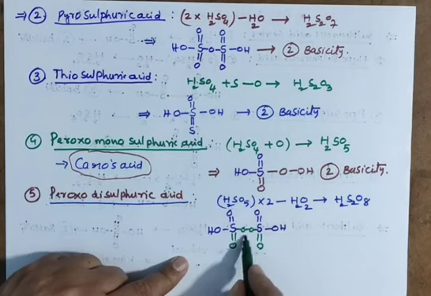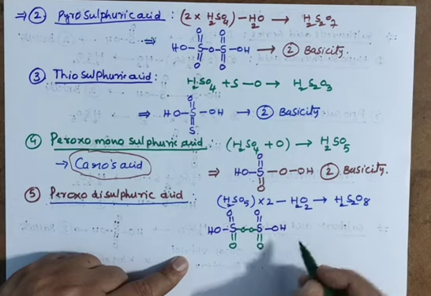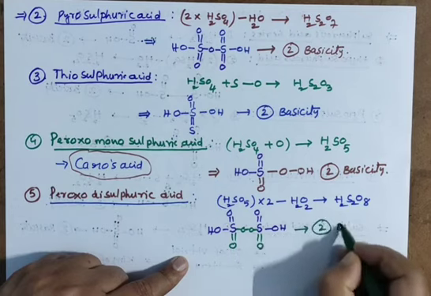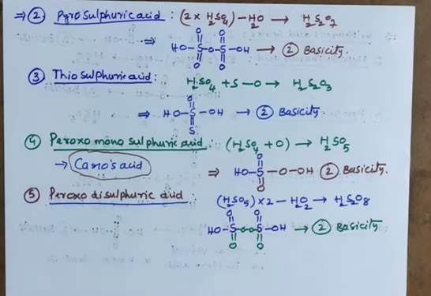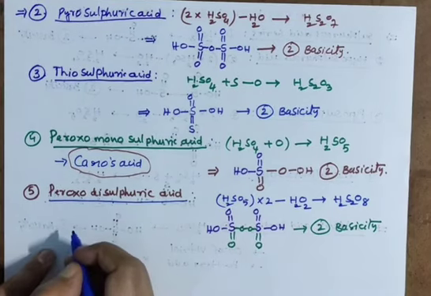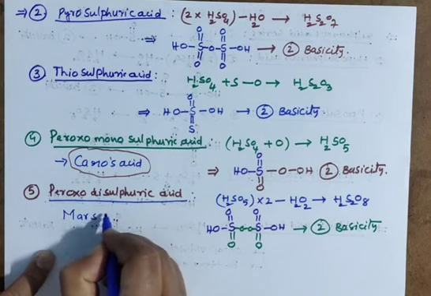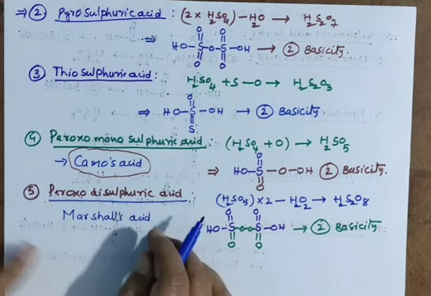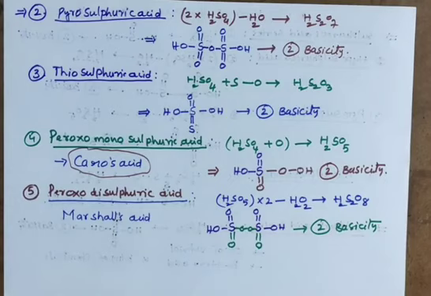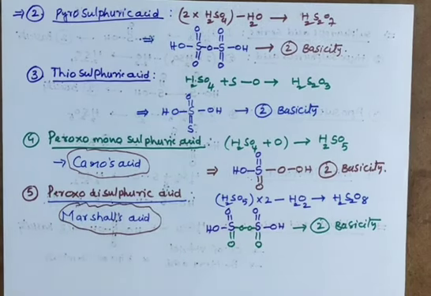This is the peroxy bond. Now how many OH groups are there here? 2. So 2 is the basicity. And this acid has another name, that is Marshall's acid. So remember this common name, Marshall's acid.